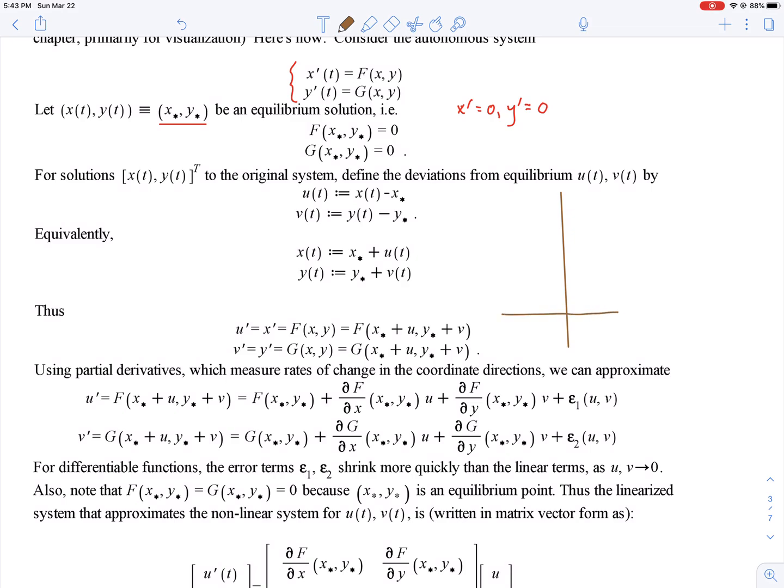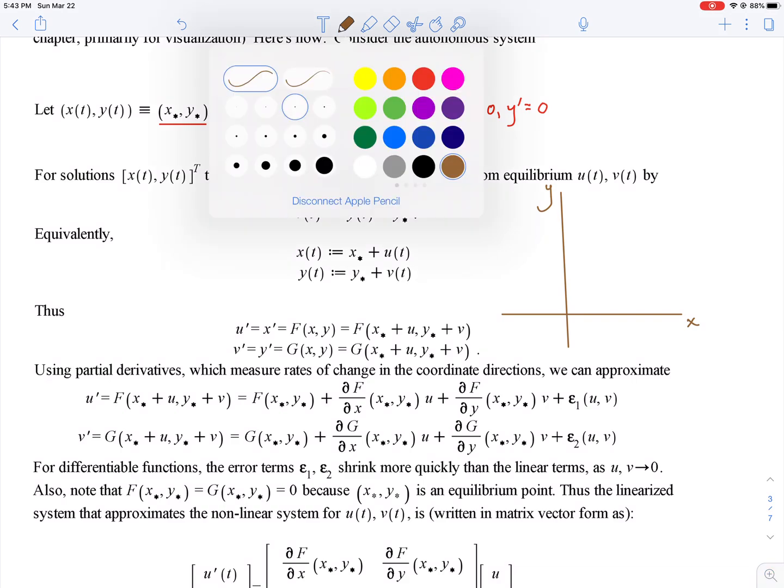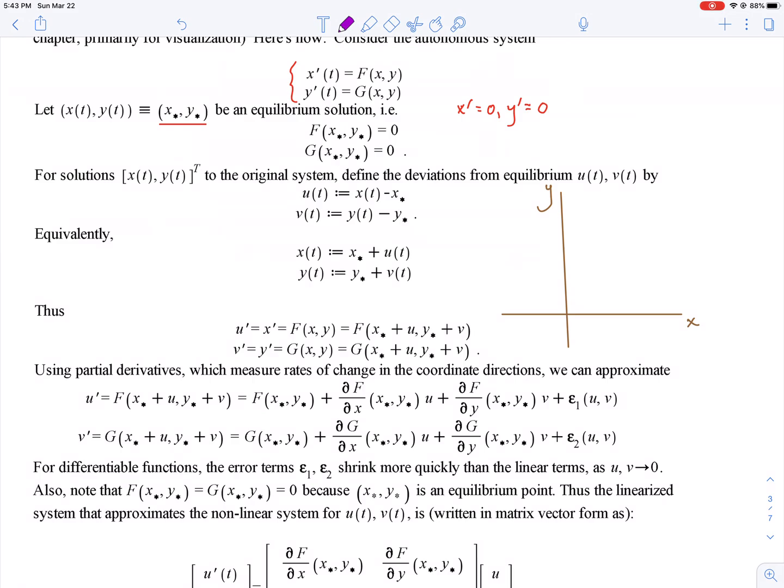So we had the original xy grid where the parametric solution curve x of t, y of t was going. And we've got the point x star, y star, which is the constant solution. u of t is going to be the deviation from x of t to x star, which is just x minus x star.